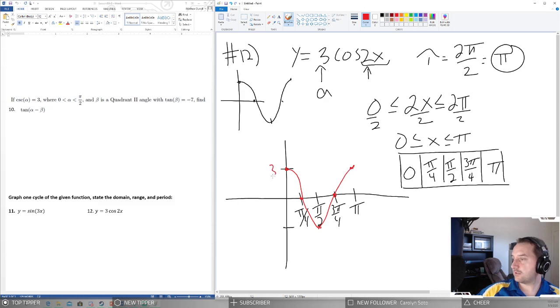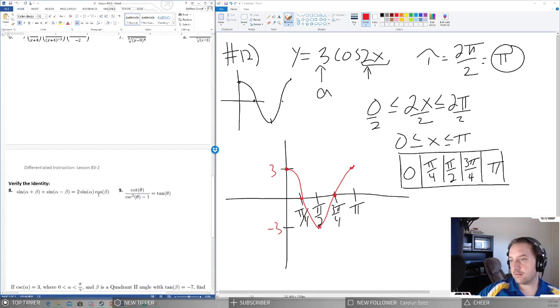And these values are going to be 3 and -3 because we have to have the amplitude. Is that it? I think that's it.